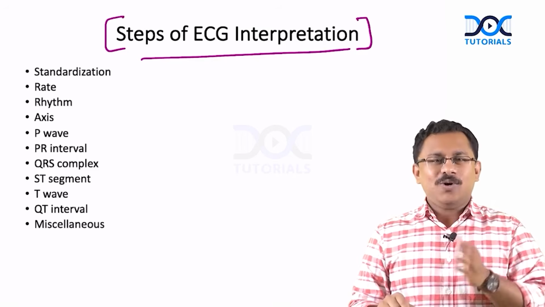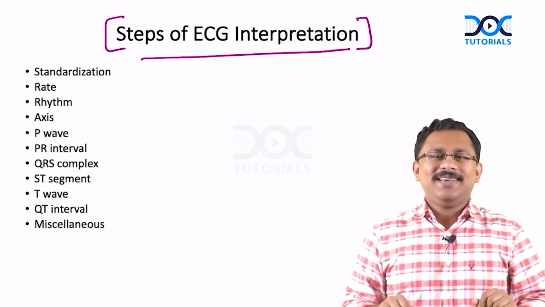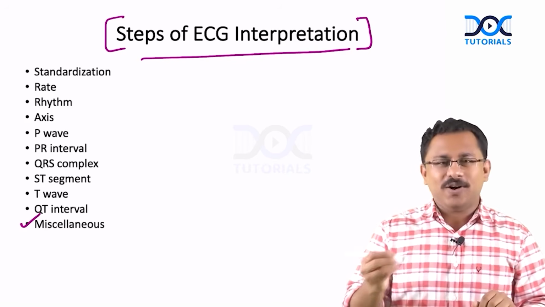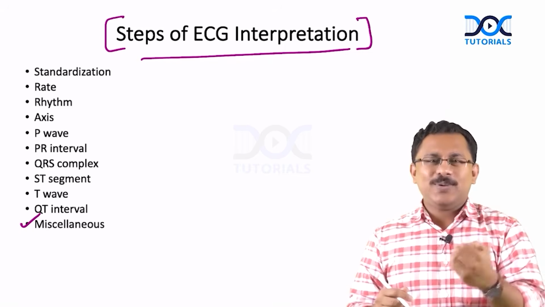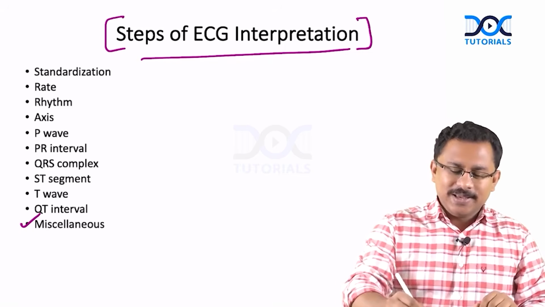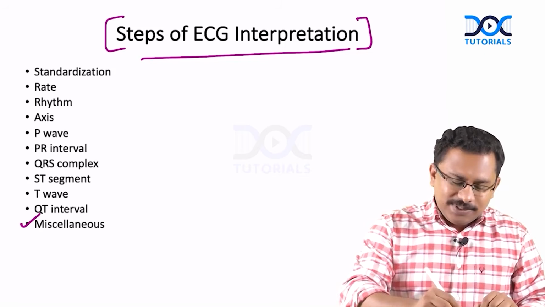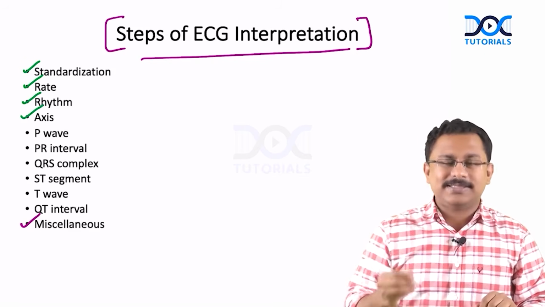I have listed below 10 steps of ECG interpretation. In fact, it is 10 plus 1, including the miscellaneous one also. So it is in this order that you have got to sequentially interpret an ECG. Let's see what these steps are. The first 4 steps pertain to standardization, rate, rhythm and axis.